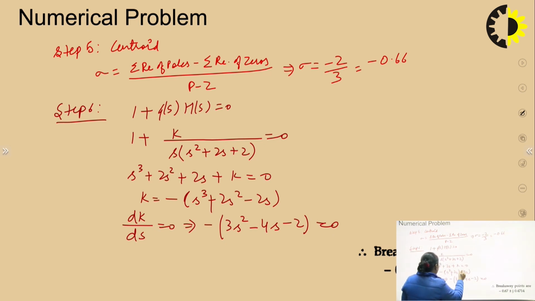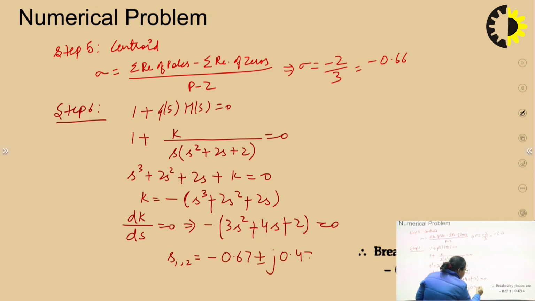Sorry, this will be plus, and this is again plus. So 3s square plus 4s plus 2, right? From this equation, the two roots are -0.66 plus minus j into 0.47, right? See, these are the two values.